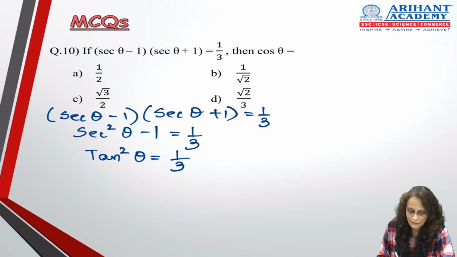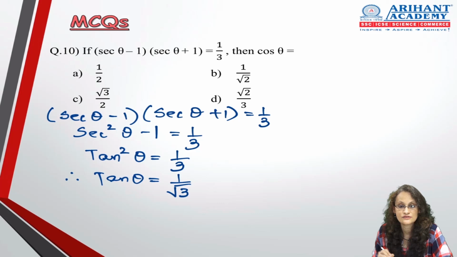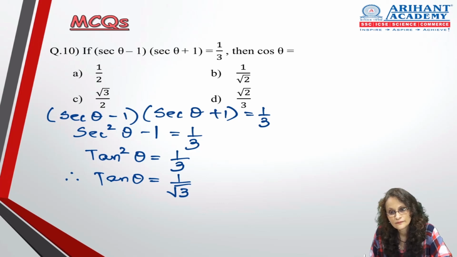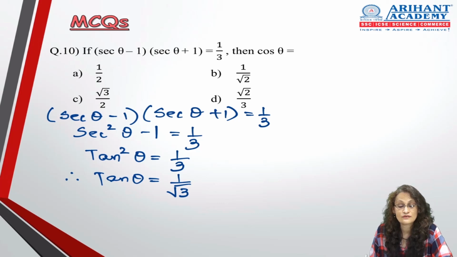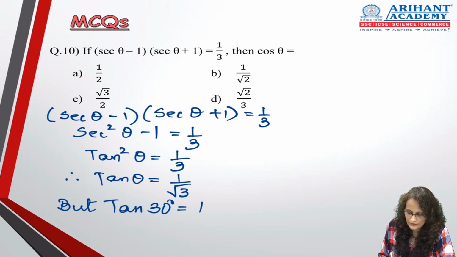तो अब मैं रूट निकालूंगी. So therefore I will get tan theta is equal to 1 upon root 3 because I've taken square root on both the sides. तो 3 का square root हो गया root 3, है ना. Now tan theta is 1 upon root 3. तो अब हमको वैल्यू टेबल की हेल्प लेनी पड़ेगी. The value table is going to be used now. So see, tan of 30 degree is 1 upon root 3.